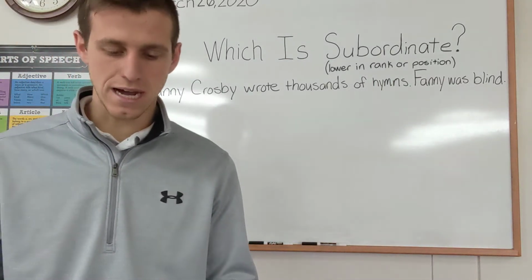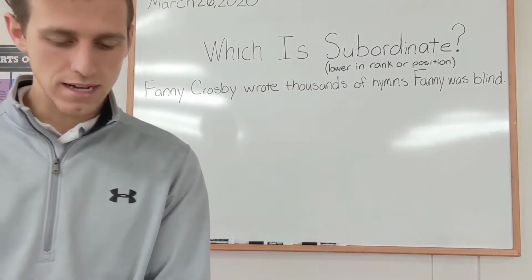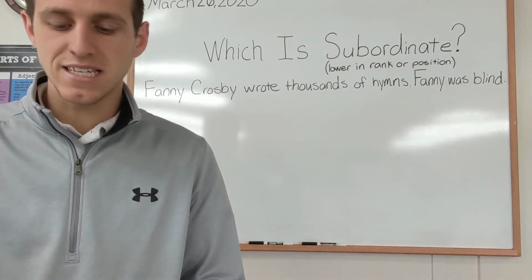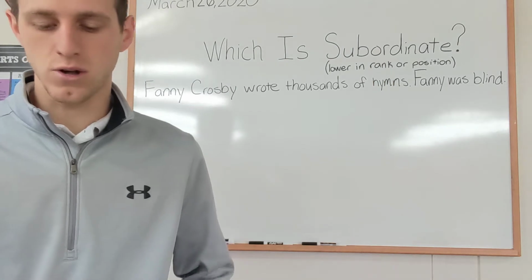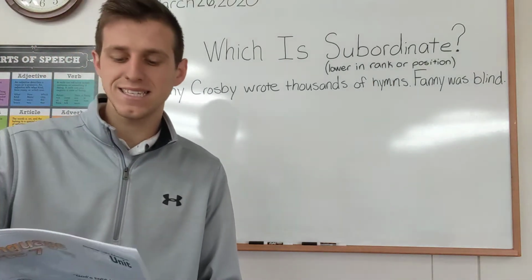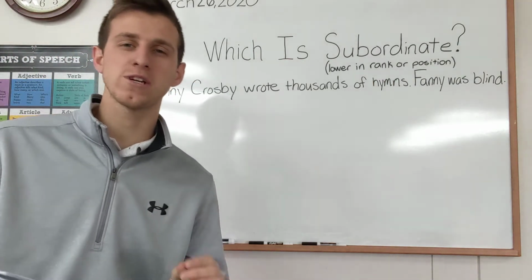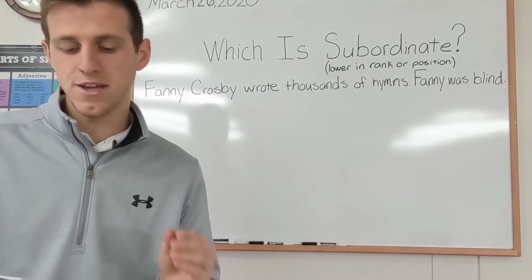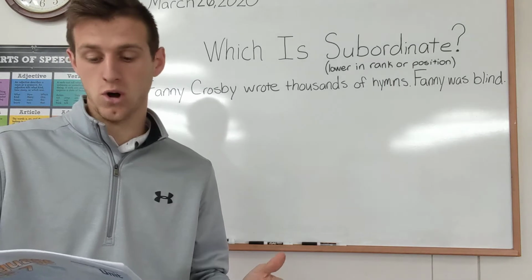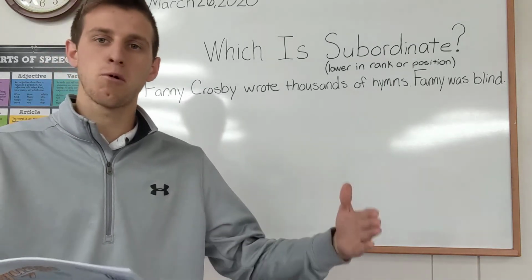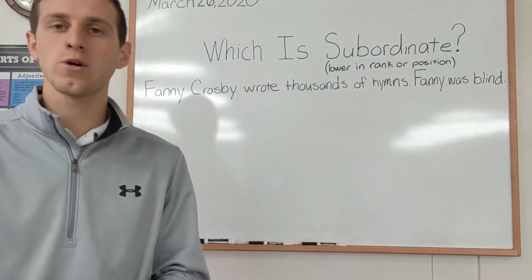Let's start reading at the top of page 14. A complex sentence consists of one independent clause and one or more dependent clauses. The main sentence contains the most important information. The dependent clause, also called the subordinate clause, has the less important information or details.